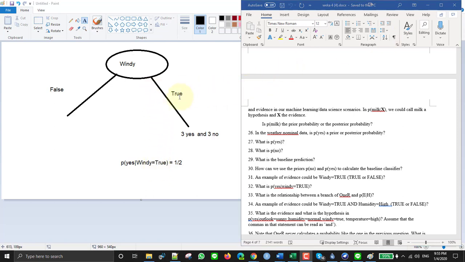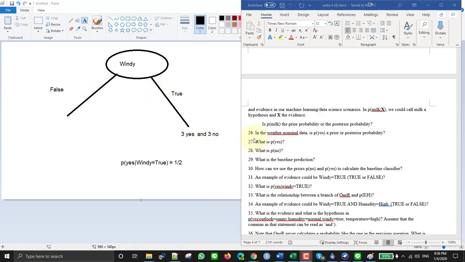So the branch is the evidence in this question. The branch here is the evidence. So we could have had a question like probability of yes given windy equals false. That would be, the evidence would be windy equals false. That would have been this branch. So a branch is the evidence.